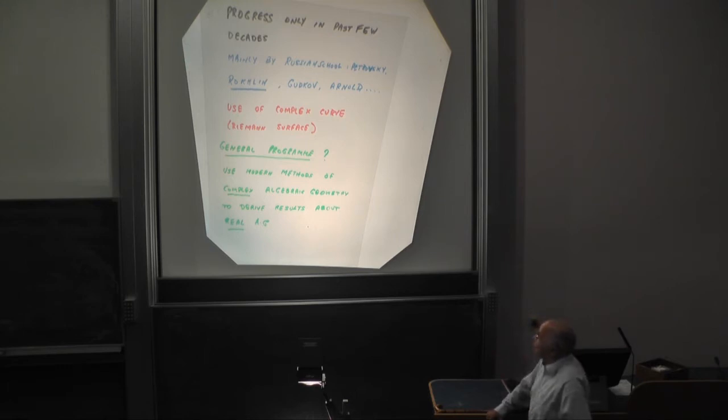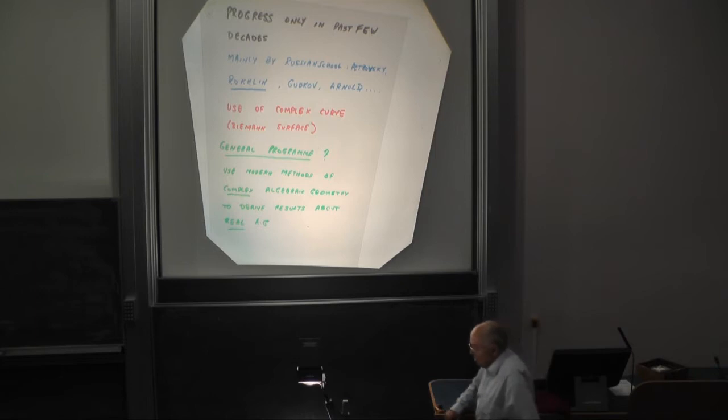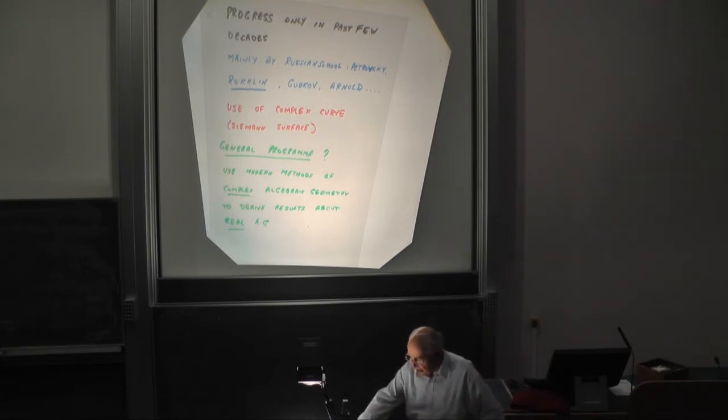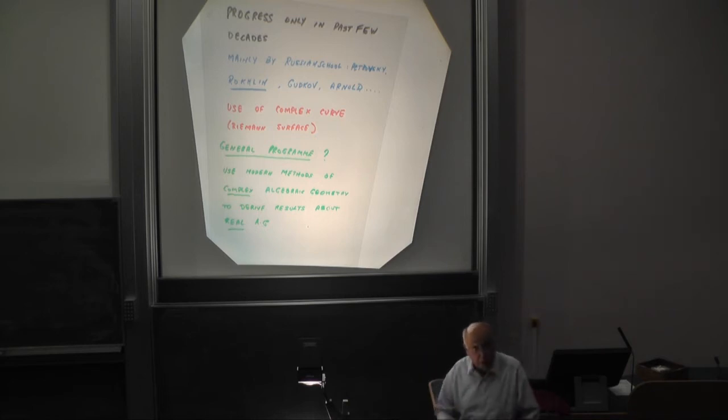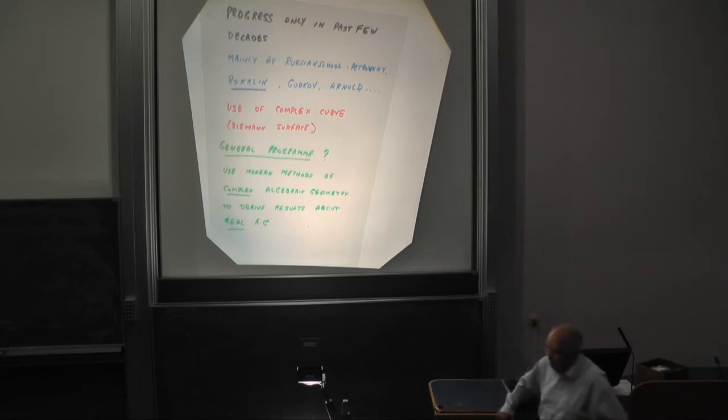Some cultural reasons. And the key thing for progress there, after the early days, was that people tried to use the information about the complex curve, the complex Riemann surface, to get information about the real part. So you climbed on the shoulders of the work done in complex analysis, because the one thing you do know about a real curve is that it is the real part of a complex curve.